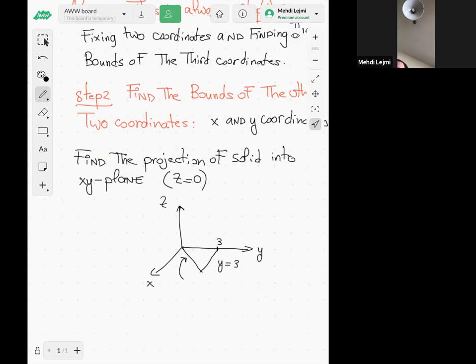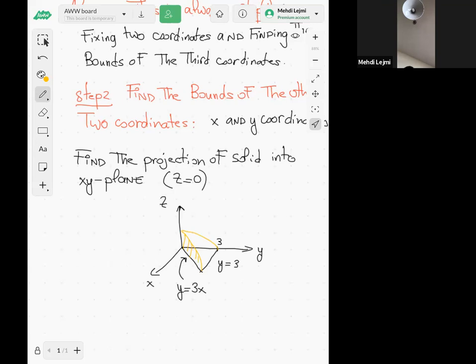And here in the bottom, the equation of this line is y equals 3x. And then in the top, we'd have the cylinder. But anyway, I'm interested in the projection of the solid into the XY plane.